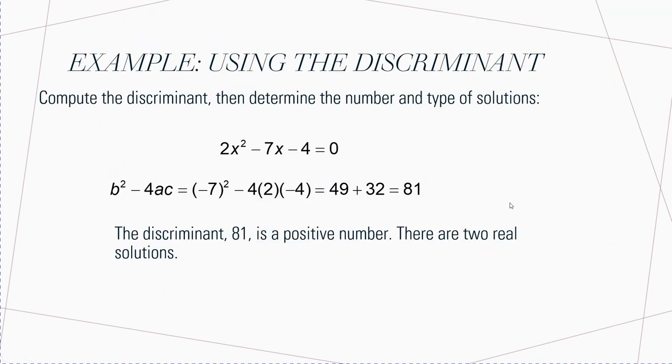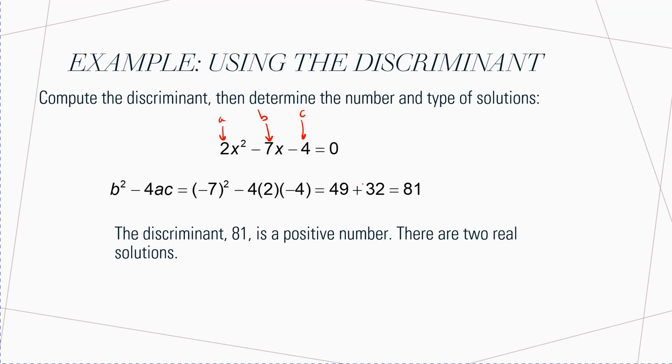So let's compute the discriminant, then determine the number and type of solutions for this. So if you have 2x squared minus 7x minus 4 is equal to 0. Just remember, this is my a, this is my b, and this is my c. So if you were to take b squared minus 4ac, it'd be minus 7 squared minus 4 times 2 times c, which is minus 4.